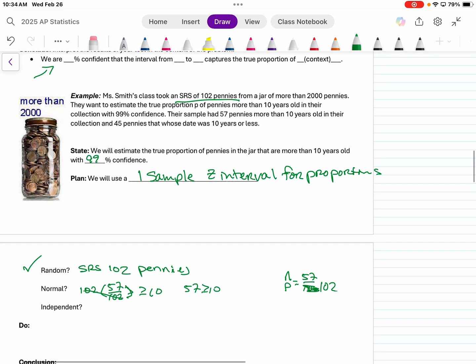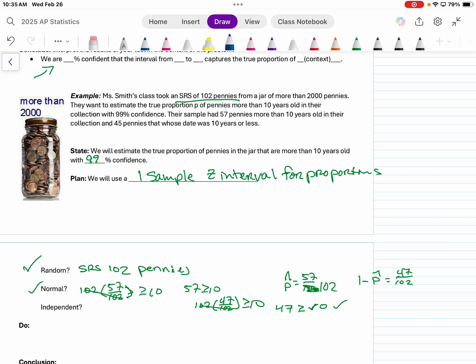And then I checked the other part. They said 47, so our 1 minus p hat would be the 47 out of 102. Is 102 times 47 over 102 greater than or equal to 10? Yes, 47 is greater than or equal to 10. So we met the normal condition.